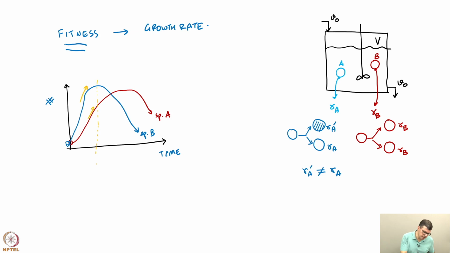If my comparison is at this point, then what I am selecting for, or what imparts greater fitness to one variant over the other, is high growth rate. So, then growth rate is an appropriate measure of fitness.